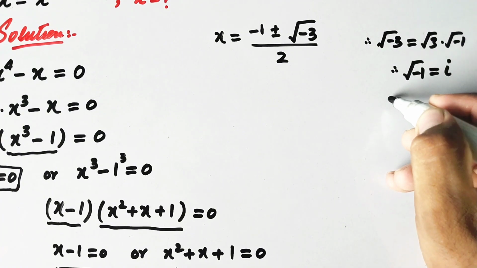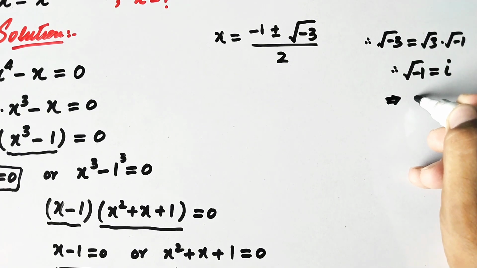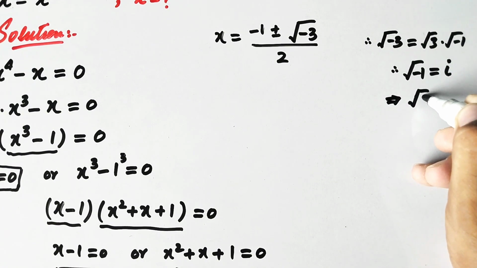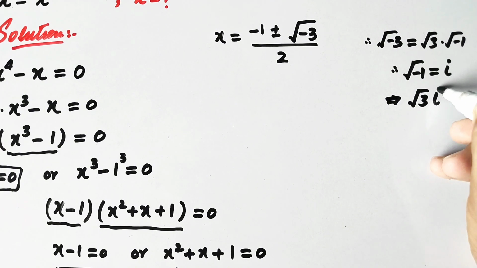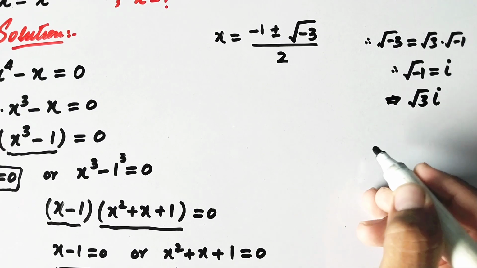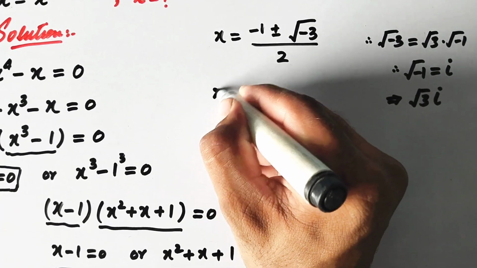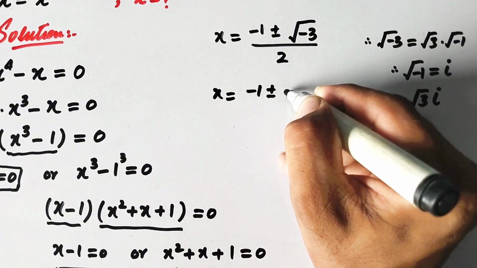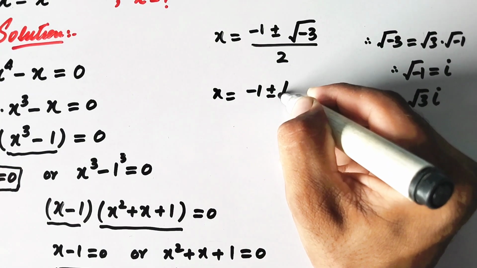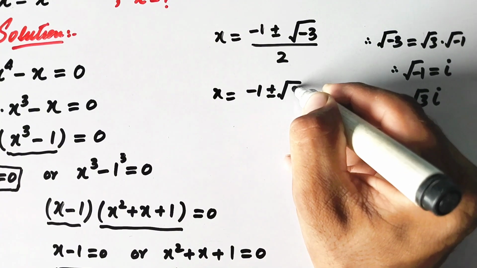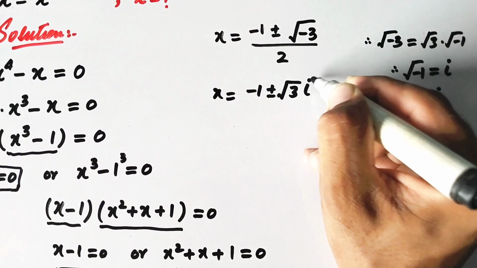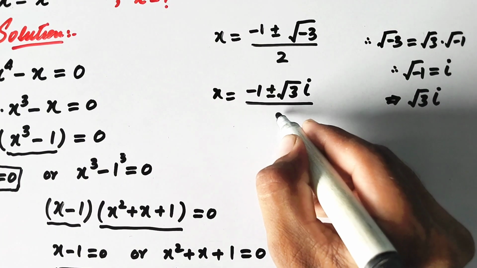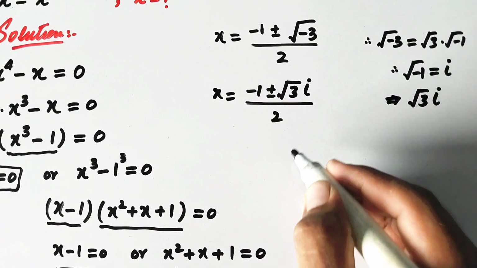So here this will be equal to root of 3 times i. So here we will write x is equal to minus 1 plus or minus root of 3 times i over 2.